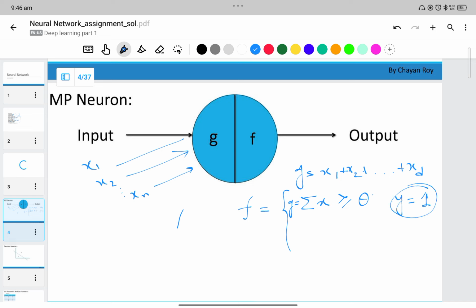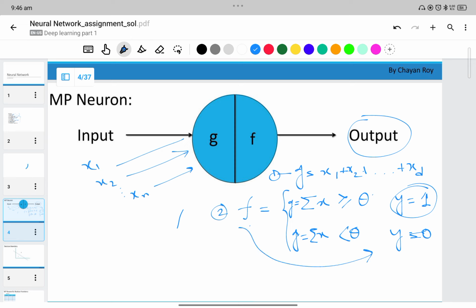So the output is 1. Whenever G, the summation of x, is less than some cutoff, we call it y equals 0. The output of this neural network is 0. So first we calculate G, second we calculate F to map G into the output.